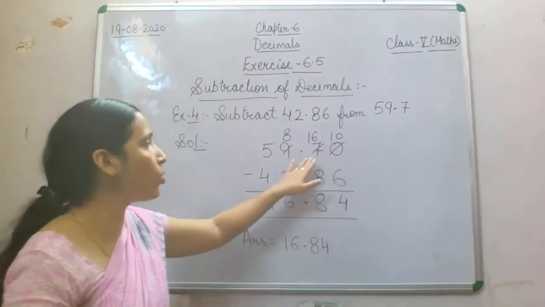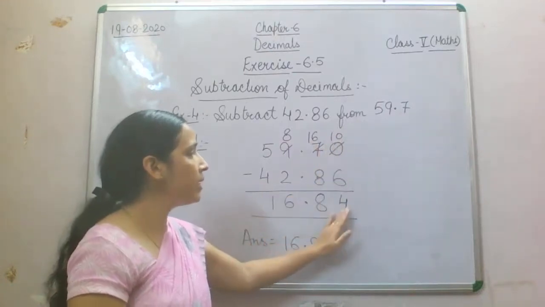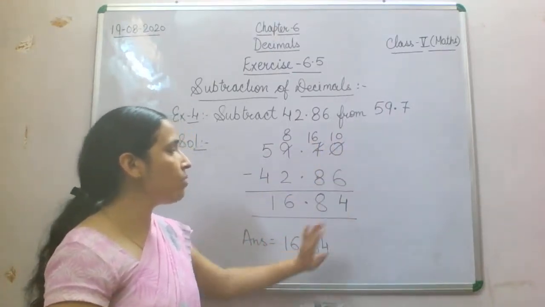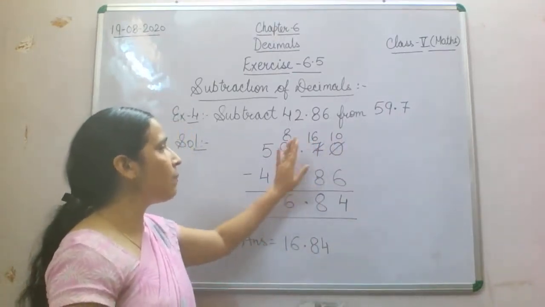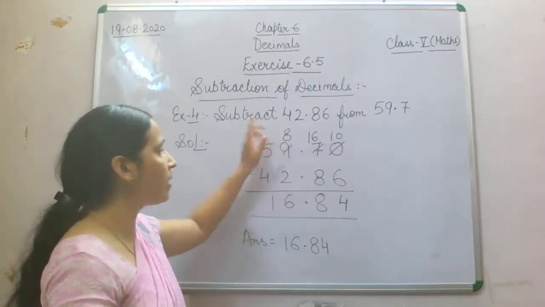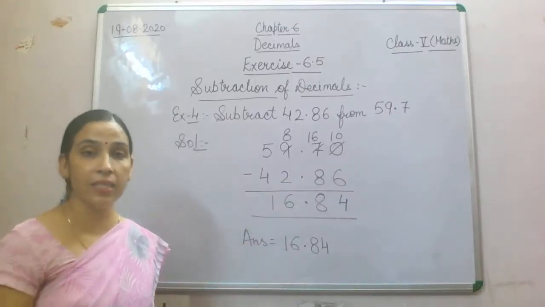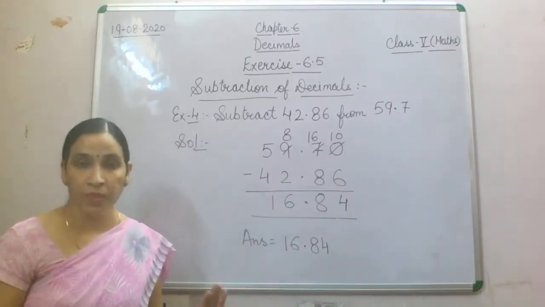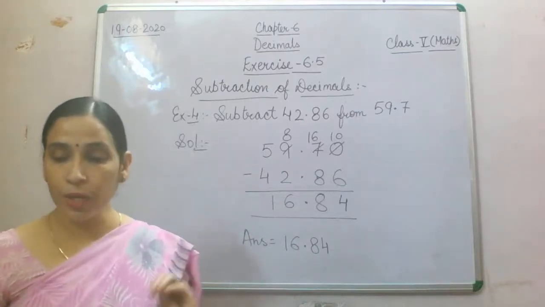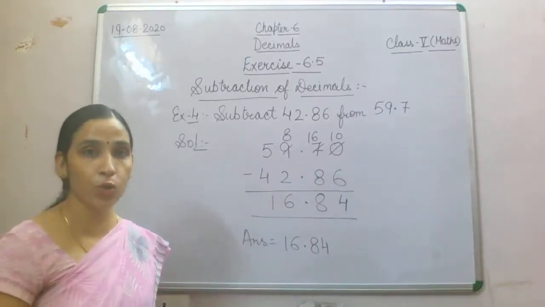So 0 will borrow from 7. 7 will become 6. This will become 10. 10 minus 6, what will you get? 4. Then this will become 16 because it will borrow from 9. 9 will become 8. And then do the subtraction and you will get the answer 16.84. So by doing this question, I hope the concept of subtraction of decimals will be clear to you all.